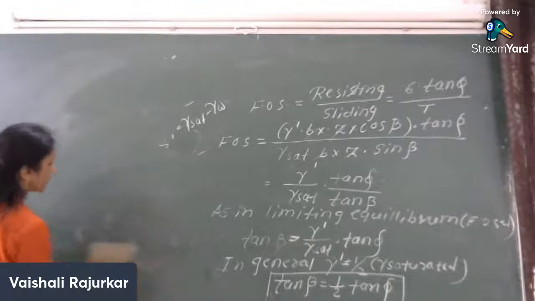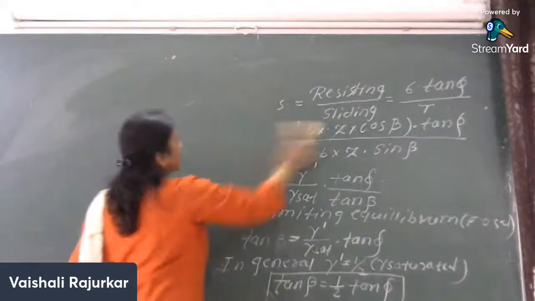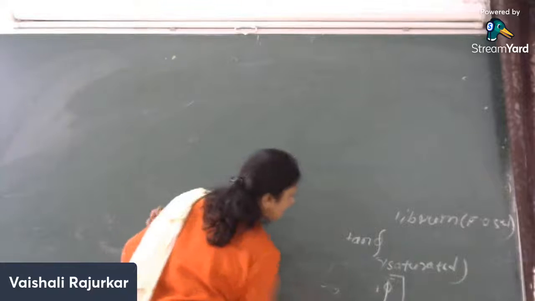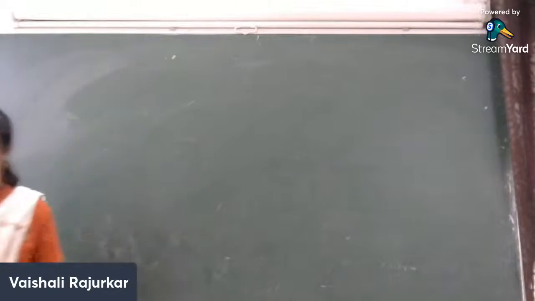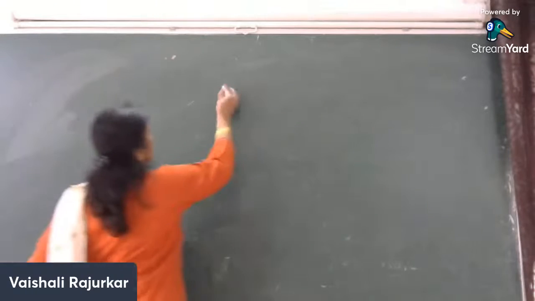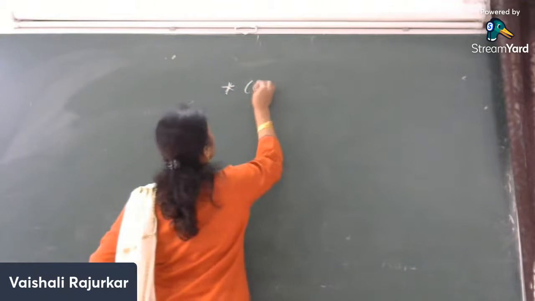So this is the case for the cohesionless soil. Now the next part, in that we will discuss the stability of slope in the cohesive soils. Now when the soil is a cohesive soil in the infinite slope. So here next is cohesive soil.